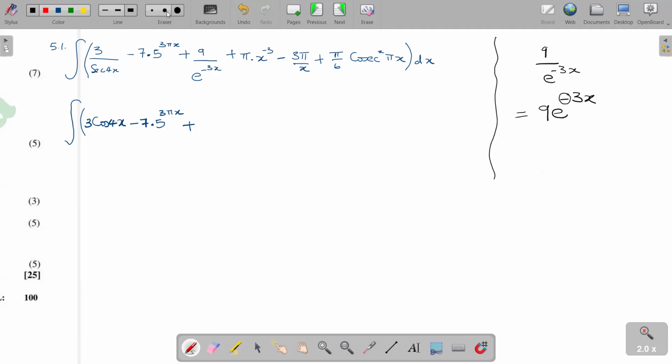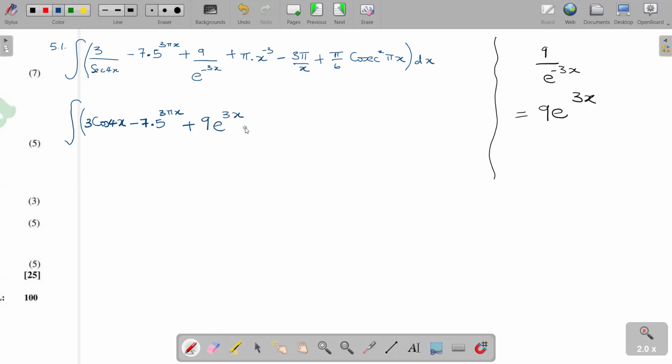So it becomes 9e to the power positive 3x. So writing that, we have plus 9e to the power positive 3x.